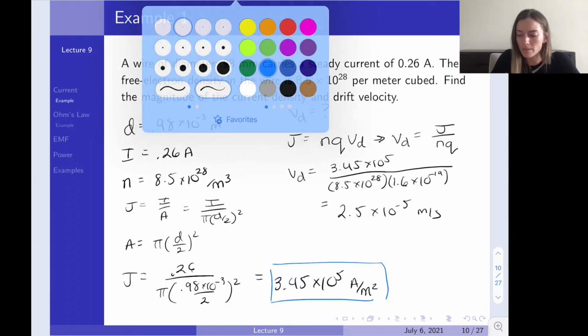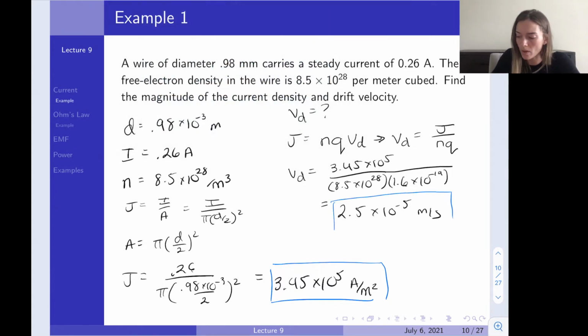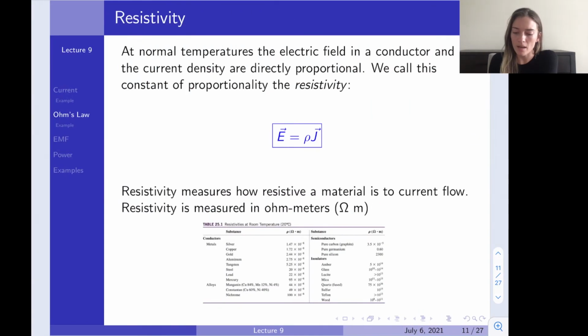So that's about what we would expect. We would expect a pretty slow drift velocity on the order of 10 to the negative 4, 10 to the negative 5, something like that. So we're going to do a few more examples that go a little bit more deeply into current density and current tomorrow when we have a little bit more time. But for now, let's go on to resistivity.